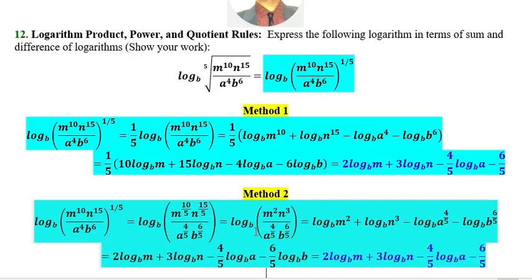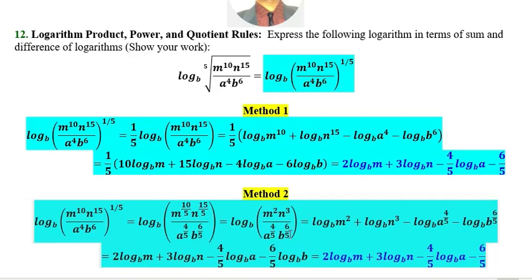That is log base b, 10 divided by 5 is 2, that is m squared. 15 divided by 5 is 3, that is n cubed. Over a to the power of 4 over 5, b to the power of 6 over 5. Then this is equal to log base b of m squared plus log base b of n cubed minus log base b of a to the power of 4 over 5 minus log base b of b to the 6 over 5.